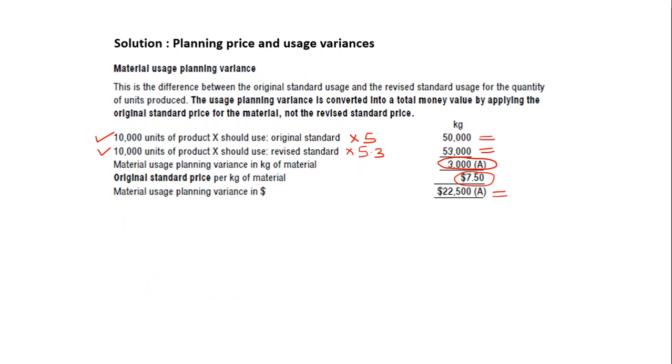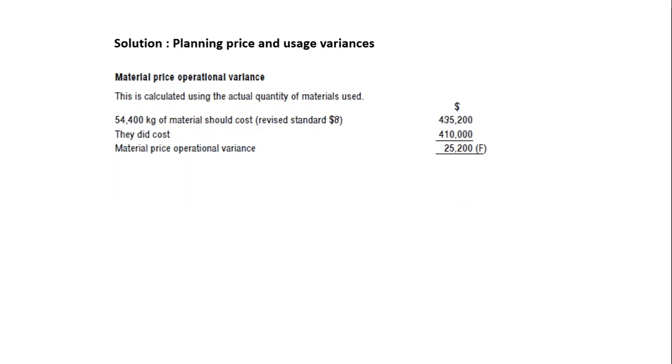Now what we look at is your operational price variance and operational usage variance. Exactly the same way that we calculated these two, except that now we will compare the revised cost and the revised usage compared with the actual cost and actual usage. So material price variance, operational variance. So in this case, now we say how many kgs did we use? That is the actual quantity used, 54,400 kgs.